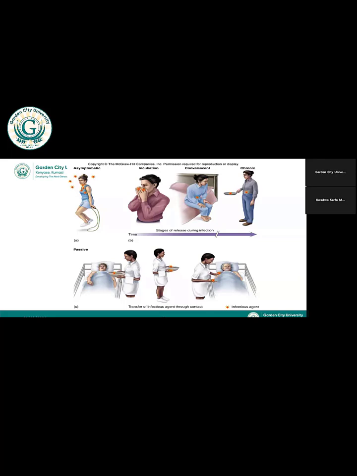A chronic carrier harbors the infectious agents, does not usually show symptoms. So we have such people in the health facility, the source of the infection. You can easily connect the matters and then spread it to patients.